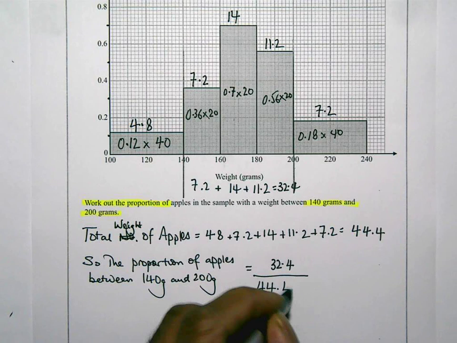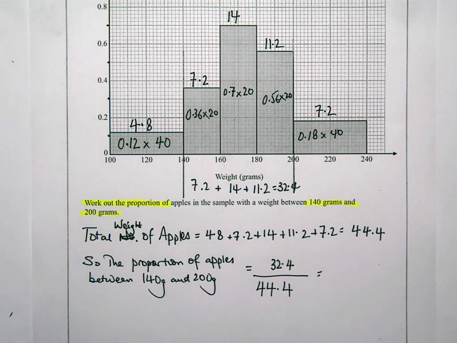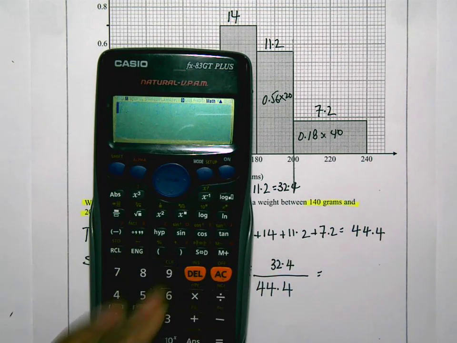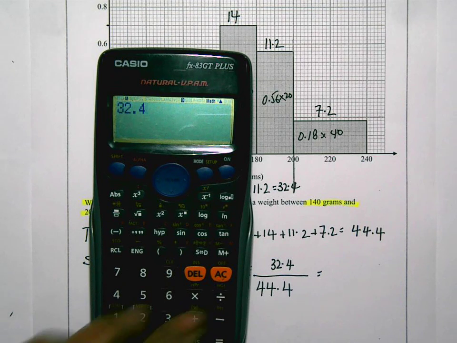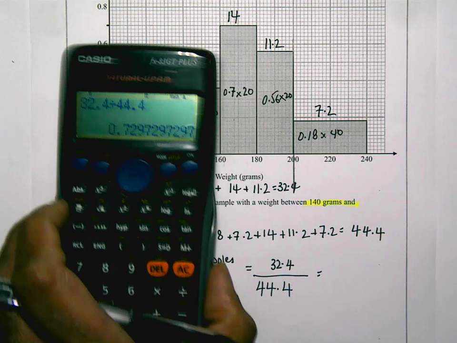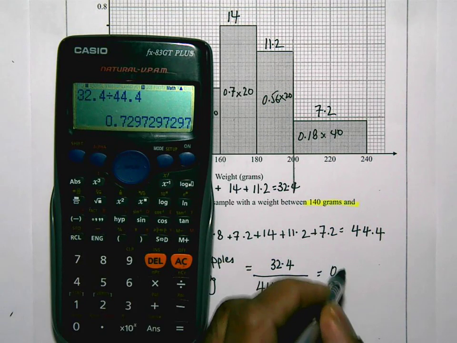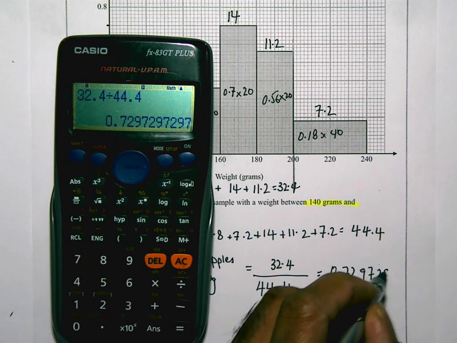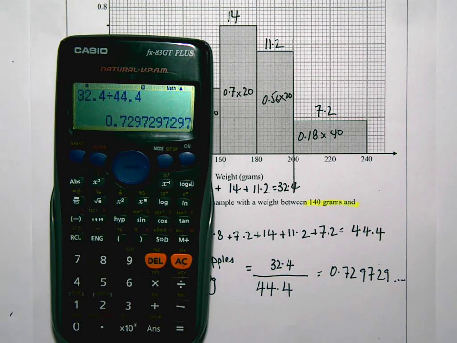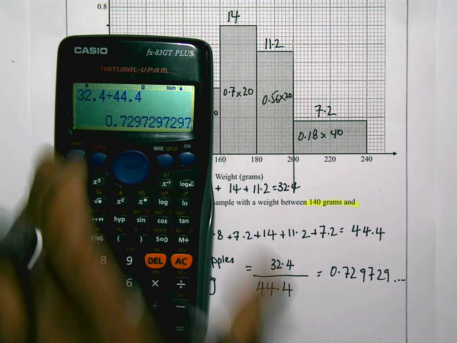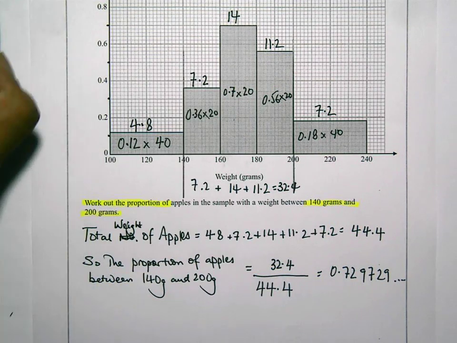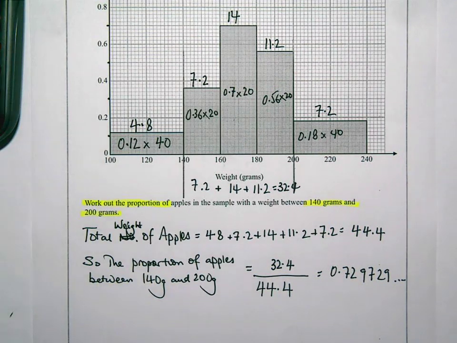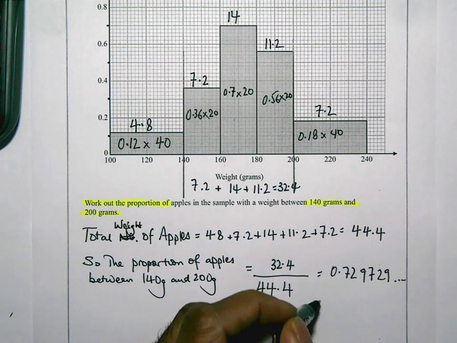So 32.4 divided by 44.4, that gives me 0.729729, and so on. So I need to just look at that, and they haven't said anything about rounding or the number of decimal places, but I'm just going to round that to 2 decimal places, and that's more than adequate, especially in a question where they haven't told you.